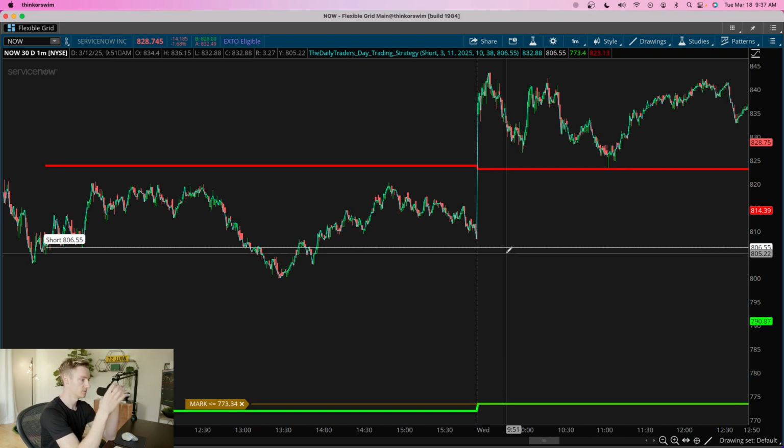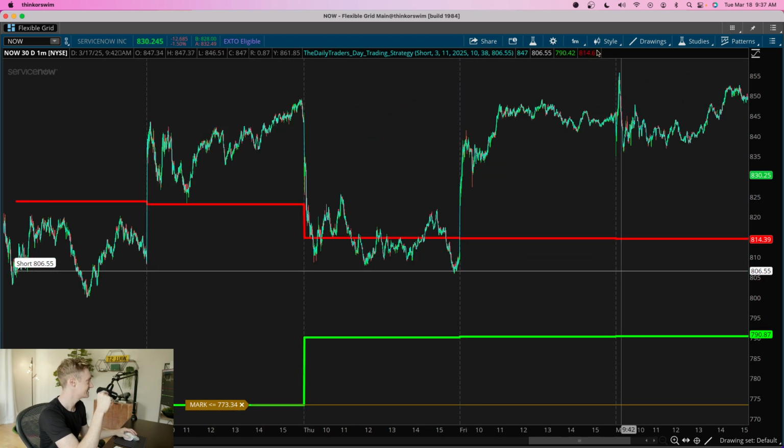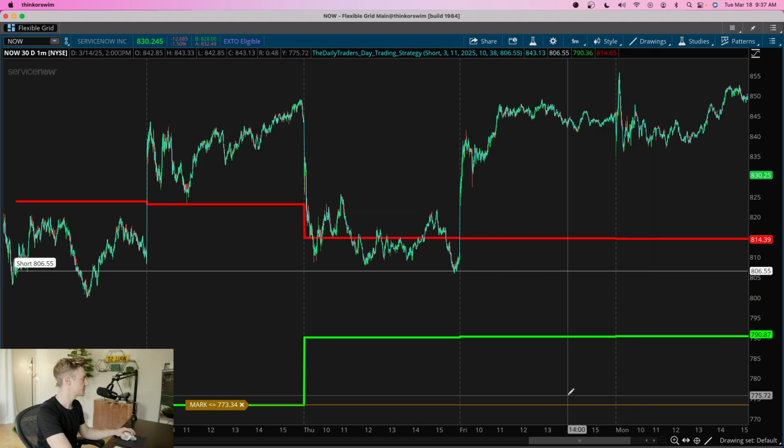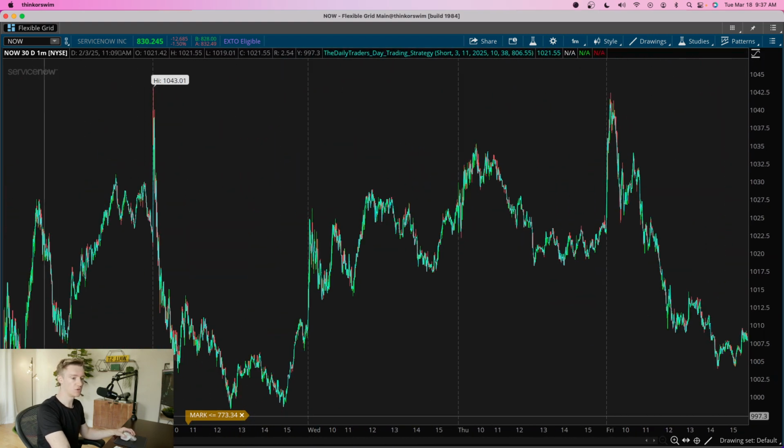Fundamentally, what the script does is it takes into account the last 30 days. So I'm trading on a 1 minute, 30 day, right? So I can go back 30 days. And each stock we trade is going to paint a different picture, tell a different story. Some stocks are going to move a lot differently than others.